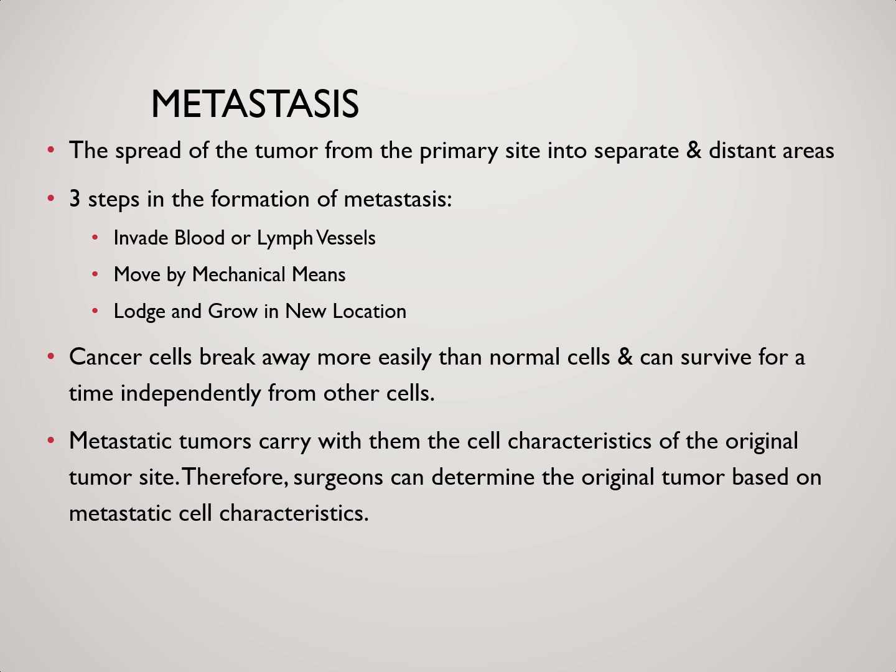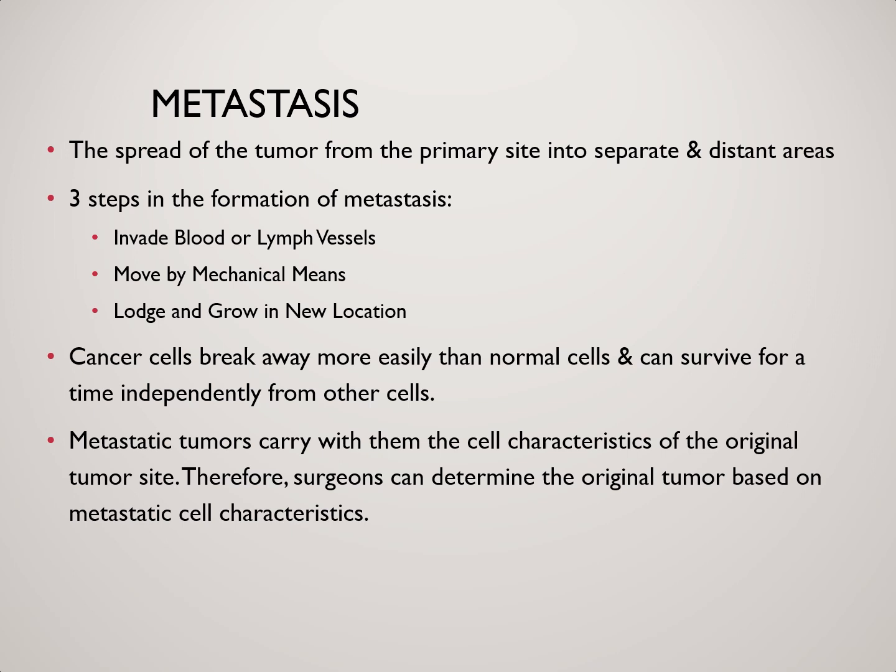Cancer can also move by mechanical means, or it can dislodge and grow into a new location. Cancer cells are much more fragile than your normal healthy cells, and they survive for a time independently from other cells. Metastatic tumors carry with them the cell characteristics of the original tumor site.